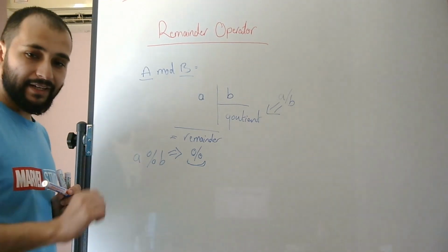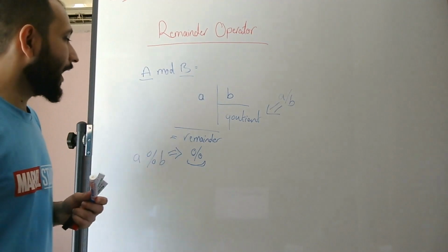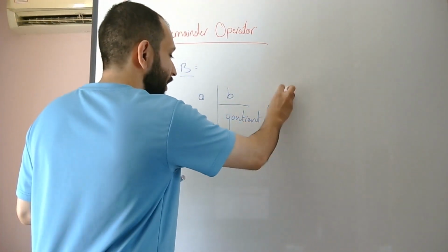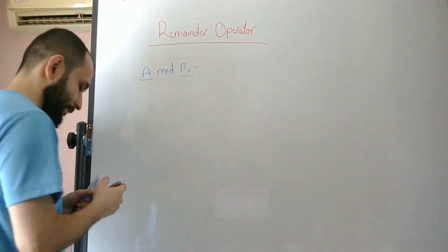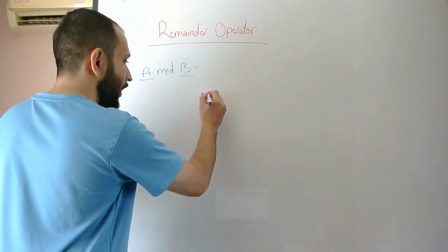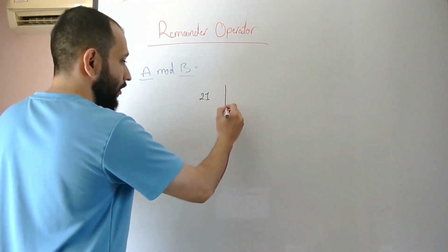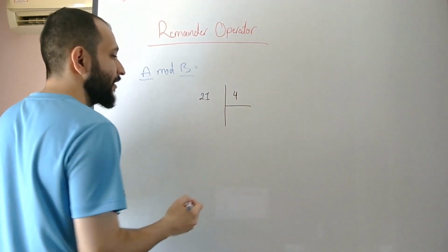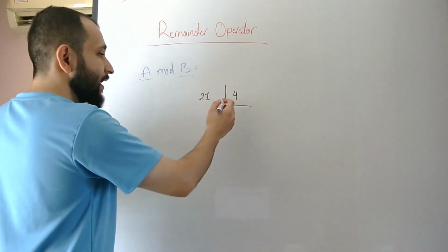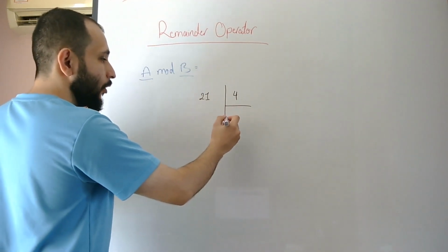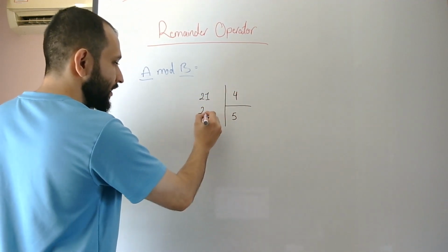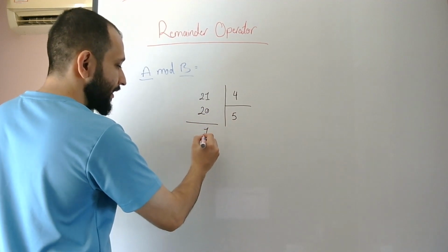So let's have an example of two numbers, and we want to find the remainder. Instead of A and B, I want to use some integer numbers. Let's take these two numbers, 21 and 4. If we want to find the remainder of 21 divided by 4, what is the remainder? 5 times 4 is 20, and then the remainder is 1.